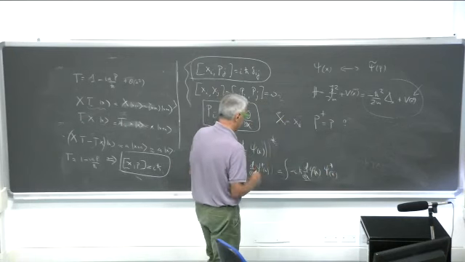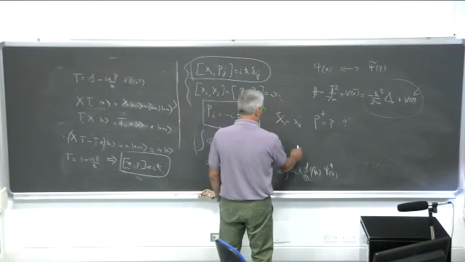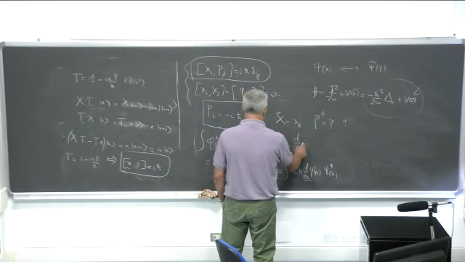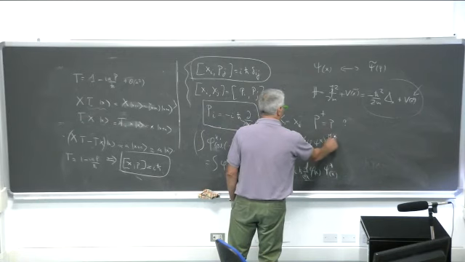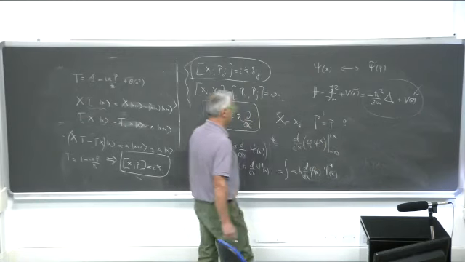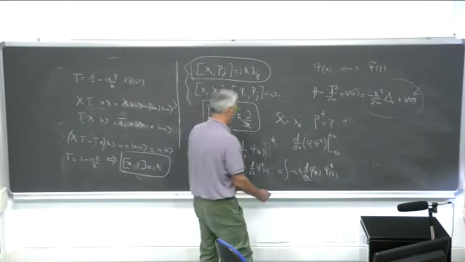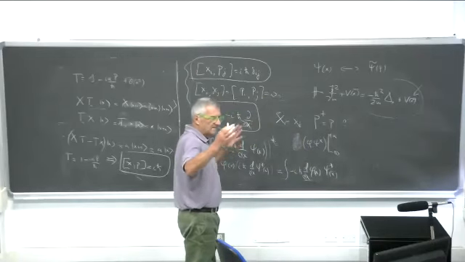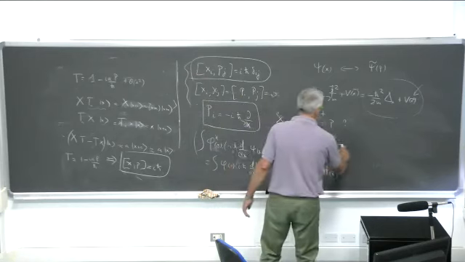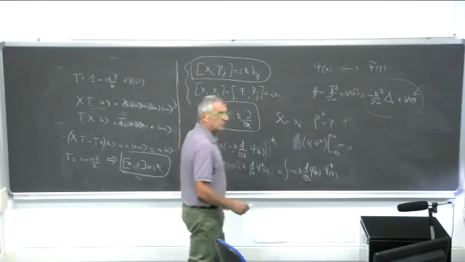You have to be able to neglect a total derivative, d/dx of phi psi star, evaluated between plus infinity and minus infinity. This boundary term has to be zero, otherwise this manipulation would not be true.